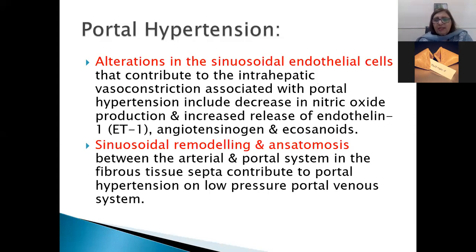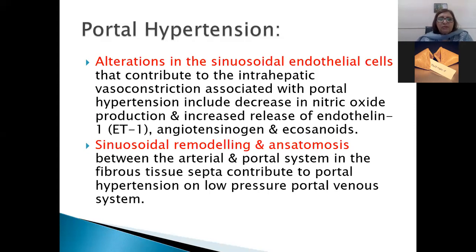The endothelial cells' tension increases when endothelin increases, and they are relaxed when nitric oxide is present. So if there is a decrease in nitric oxide and an increase in endothelin, the sinusoids are going to be constricted. Constriction will lead to increased resistance to portal blood flow, leading to portal hypertension.